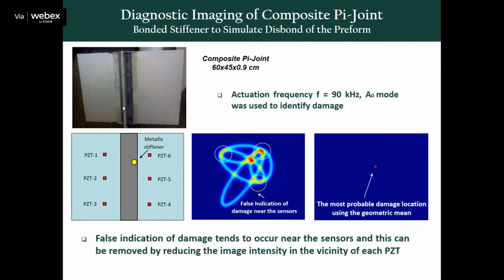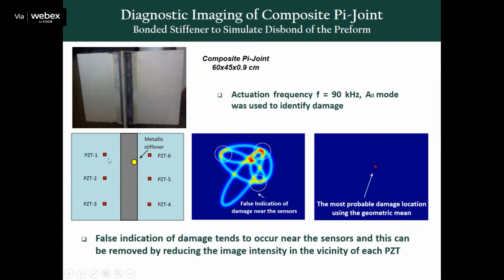And in this case, if you have two materials, you have the stiffener, which is metal, you bond it with the composite to make this a pine joint. If there's a defect at the joint location due to the bonding, or there's any defect in the material, you can use this sensor network to determine where the defect is.